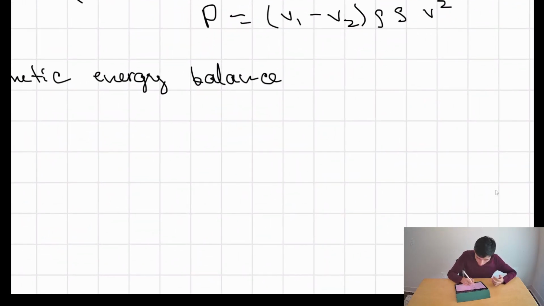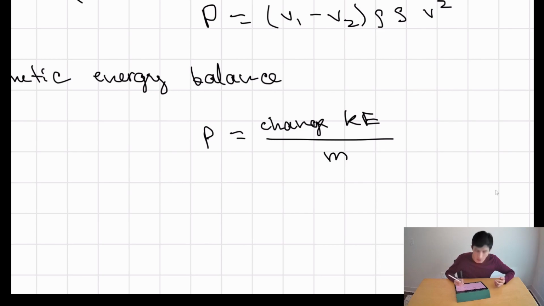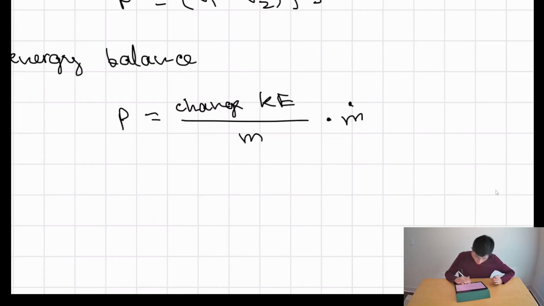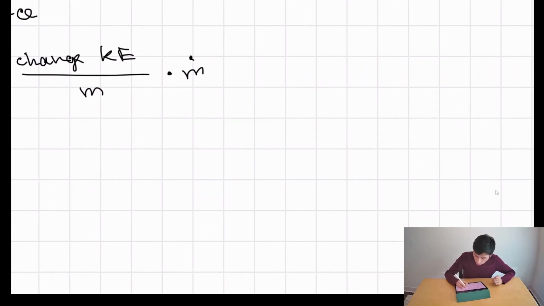So which means our power is going to be the change in kinetic energy over mass, so we're considering the kinetic energy per unit mass times the mass flow rate, right? Okay, so we know our kinetic energy is 1/2 mv squared.